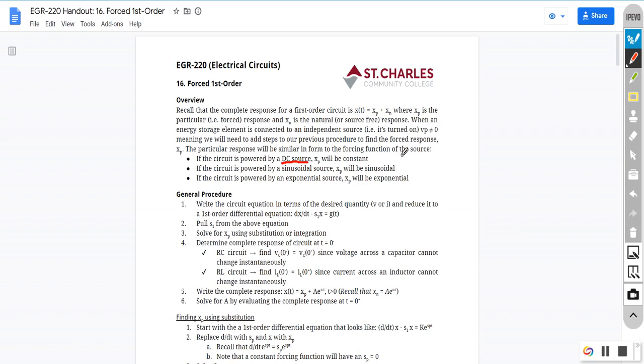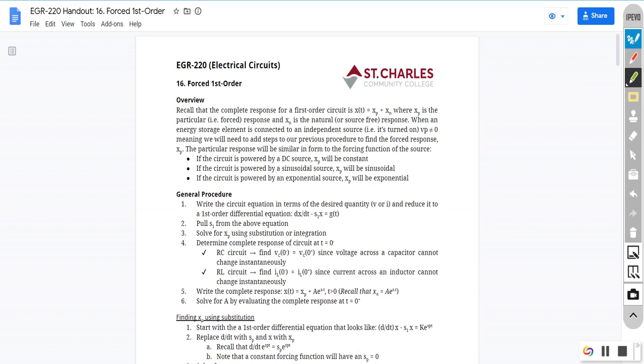If it's sinusoidal, then our output will also be sinusoidal, though it might have a different magnitude. Same thing for exponential: if our input is exponential, then our particular response will be exponential. Basically, the form of the particular response is dictated by our forcing function, or our source.